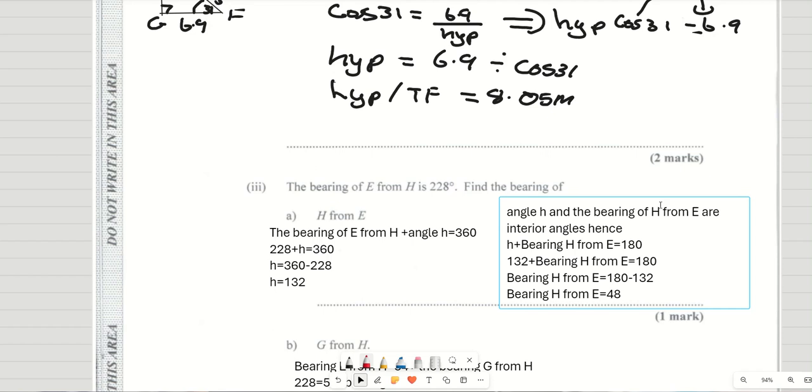That is the red angle and the black angle I was talking about earlier. Hence when you add them up, it equals 180. We know that your red angle, angle H, is 132. So 132 plus the bearing of H from E equals 180. So the bearing of H from E would be 180 minus 132, which is 48.